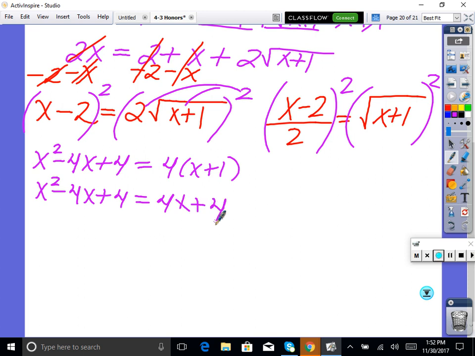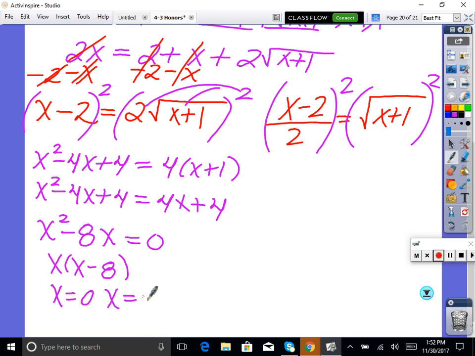Subtract 4x, subtract 4. So when we have x squared minus 8x, then take out an x. X equals 0, x equals 8. We've got to check them.